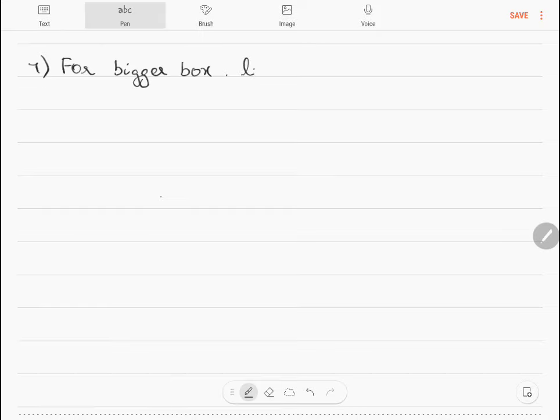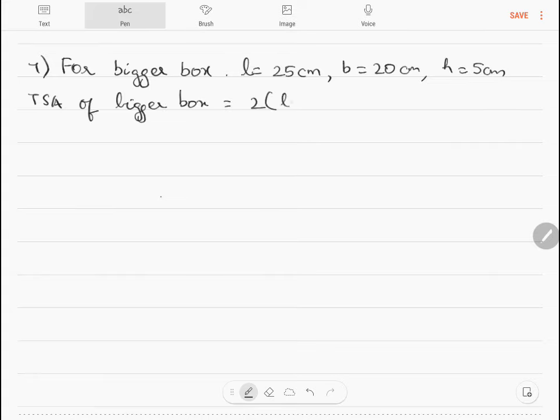Given the length is 25 centimeters, breadth is 20 centimeters, height is 5 centimeters. So the total surface area of the bigger box, formula is 2 into (LB plus BH plus HL).